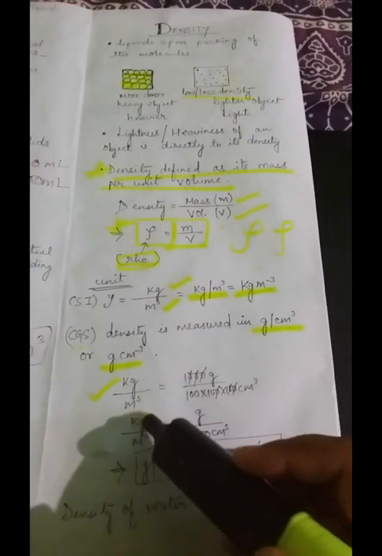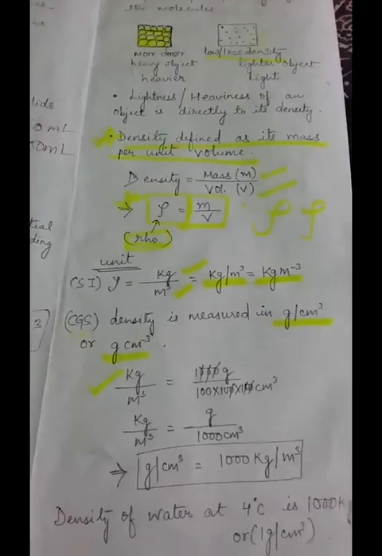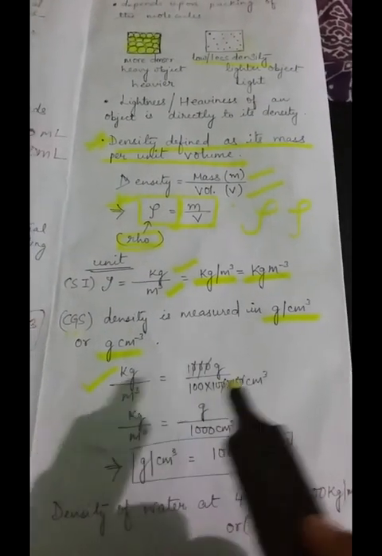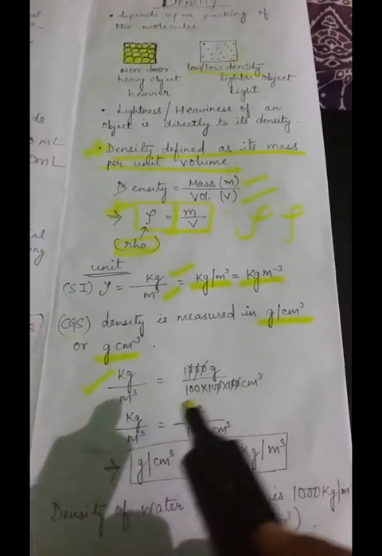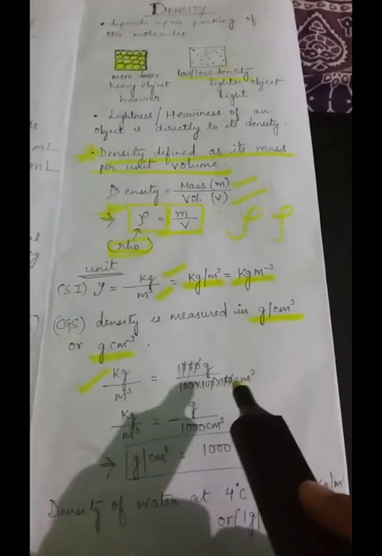Now the relationship between kg per meter cube and gram per centimeter cube. If you take kg per meter cube and convert it into gram per centimeter cube, 1 kg is equal to 1000 gram and 1 meter cube is equal to 1 lakh centimeter cube. So 1 meter is equal to 100 centimeter, so 100 into 100 into 100, it is cube, so we will multiply it 3 times.